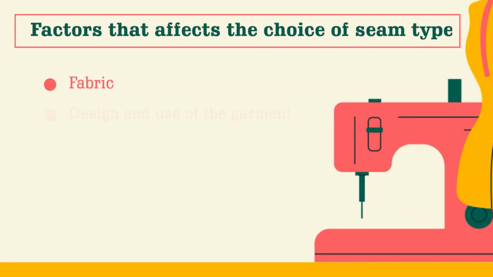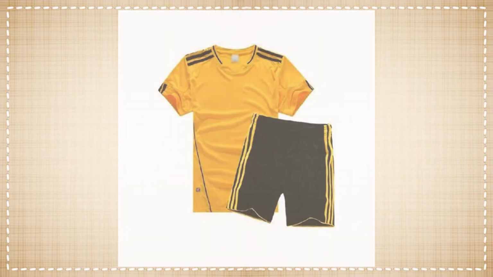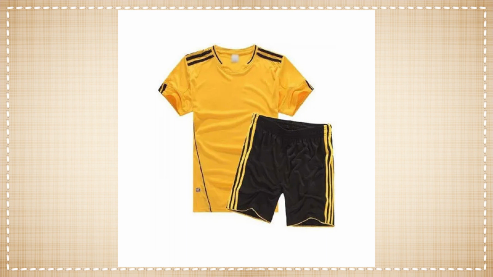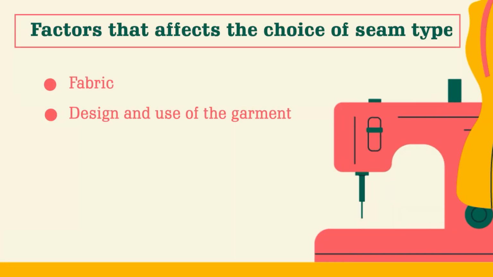Then also design and use of the garment influences the choice of seam. So, for example, when you're making a sports shirt, a strong seam is required. So, a flat fell seam, a run and fell seam is more appropriate for that purpose. Then another factor is shape of the seam.